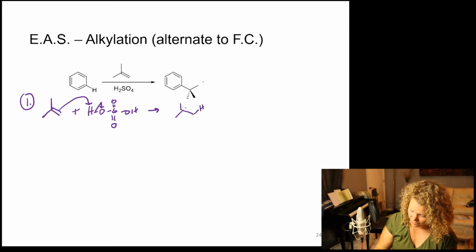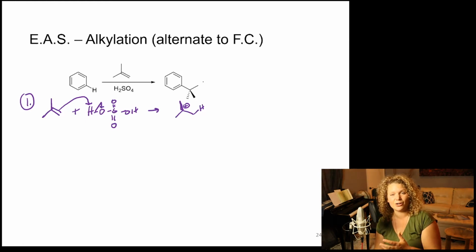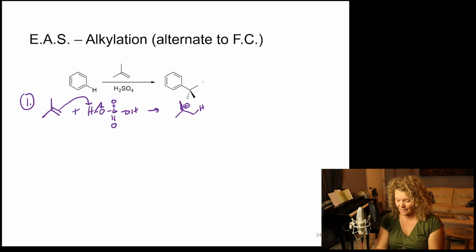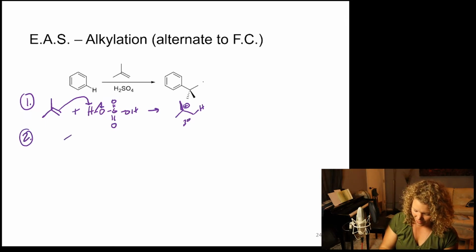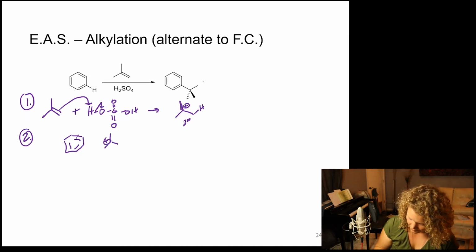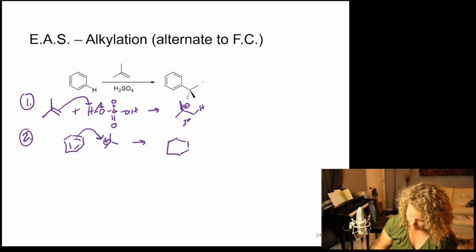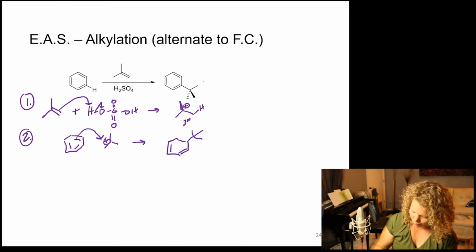Remember that the proton is going to go on the least substituted carbon, and our carbocation will then be on, in this case, a tertiary carbon. This is our electrophile. Now we're going to react it with our aromatic ring. Here we've added our tert-butyl group.